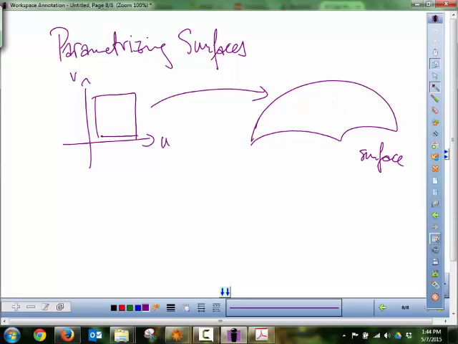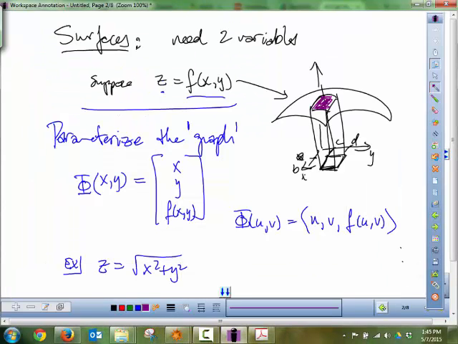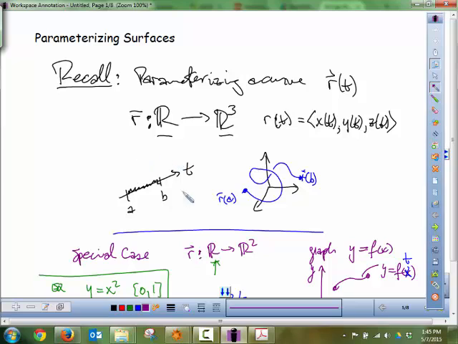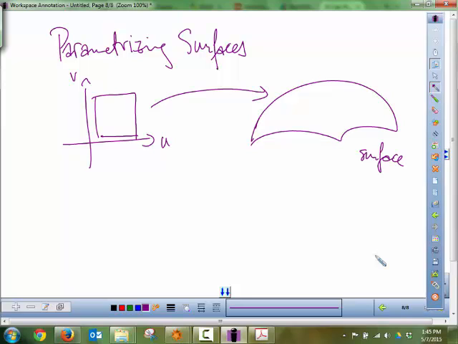Okay, I'm going to go back to the beginning. This drawing that I just had is similar to this business where you have a t-axis and then you have a resulting curve in 3 dimensions. Okay? So now I'm trying to make this parallel to a parameterized surface where you have something that comes from a UV plane to something in 3 dimensions, a surface in 3 dimensions.